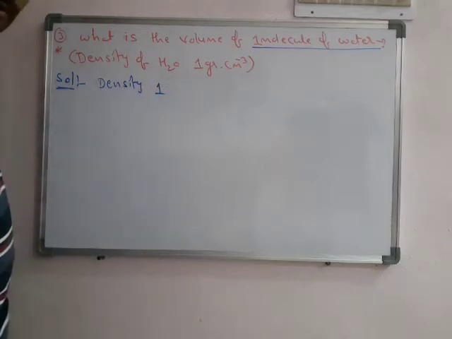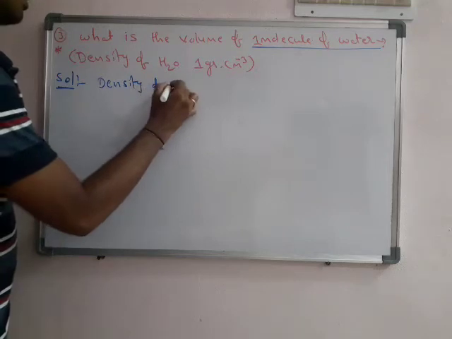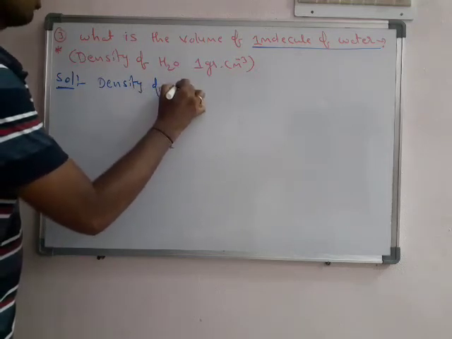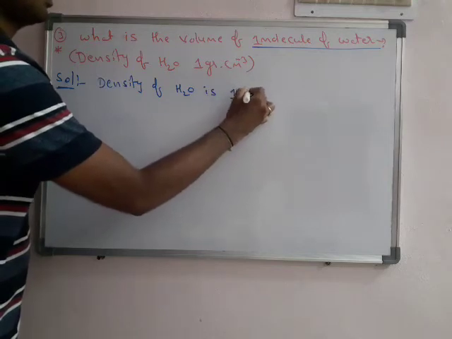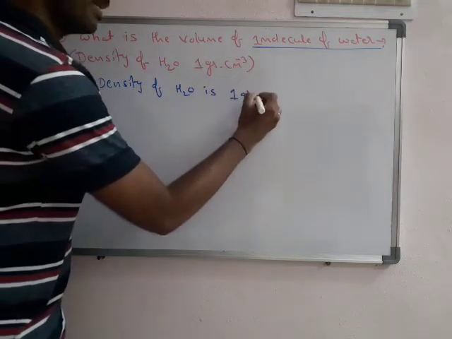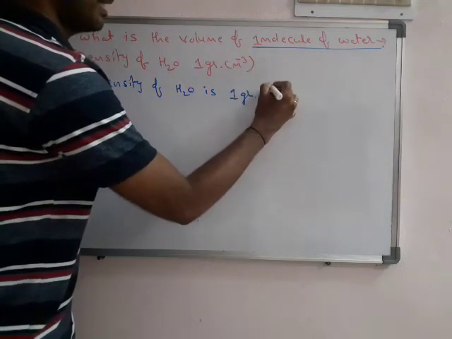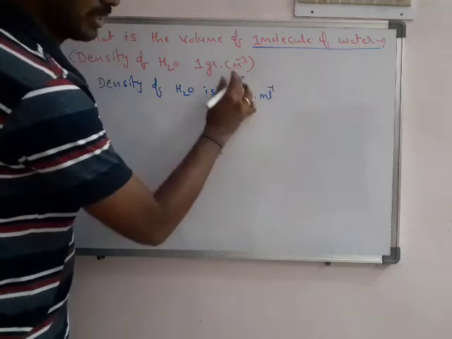Density of water. So we are making a sentence that density of water is 1 gram per centimeter cube or per milliliter. Okay, no doubt in it, both are same.